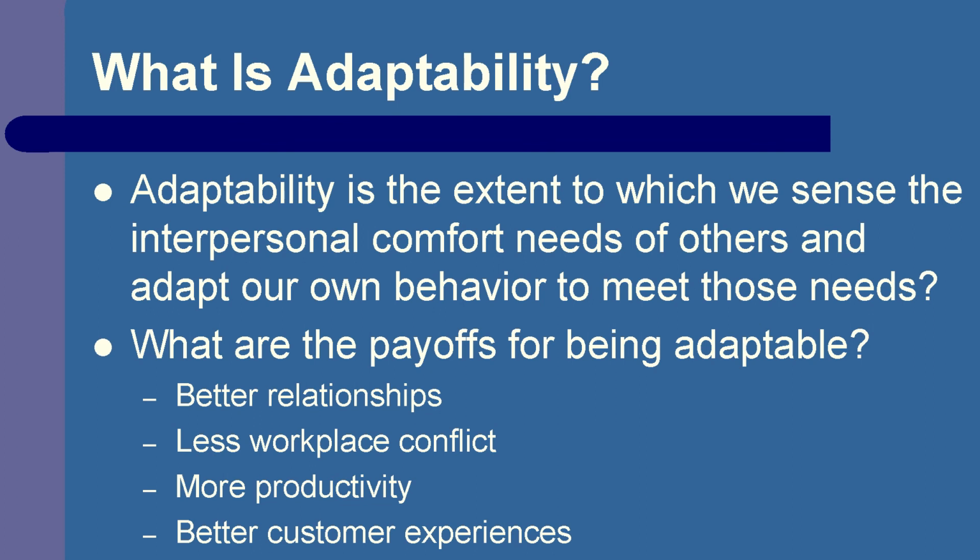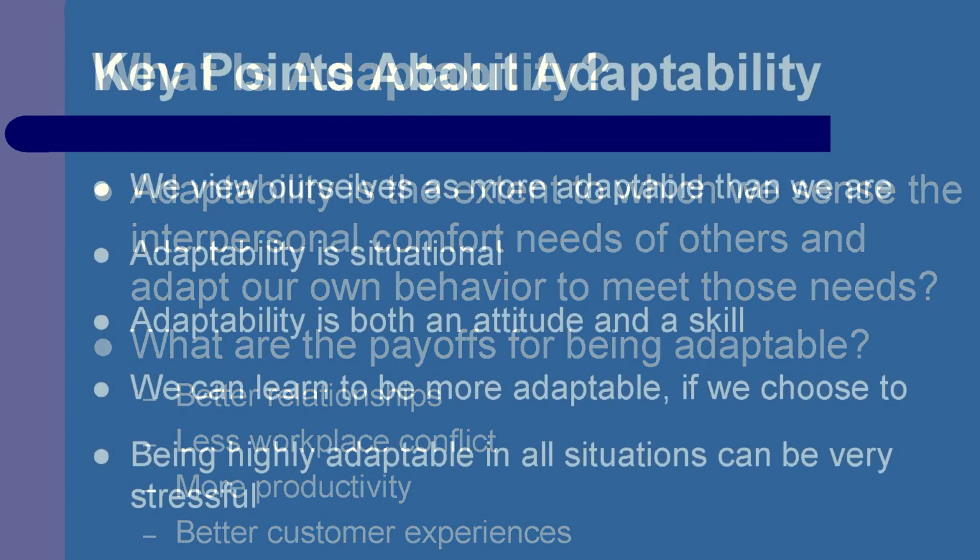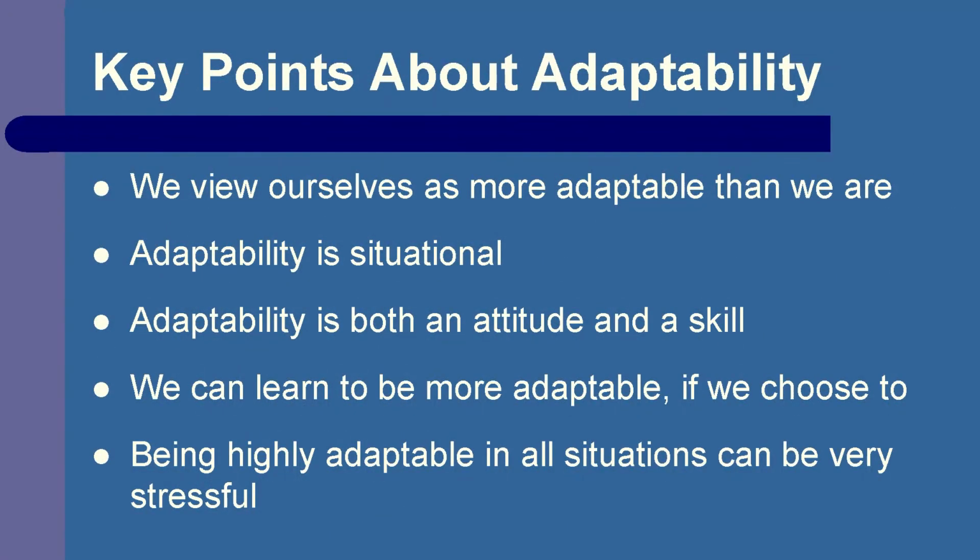So when I think of adaptability, I define it as the extent to which we sense the interpersonal comfort needs of others, and we adapt our own behavior to meet those needs. So I sense how linemen might want me to communicate or interact with them, and I adapt my behavior to create greater comfort for linemen. That's what adaptability is.